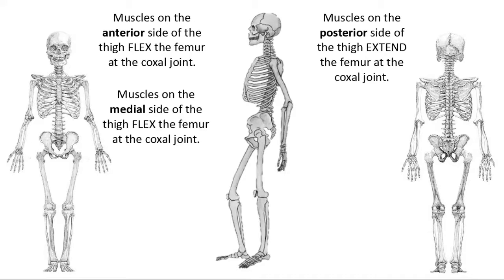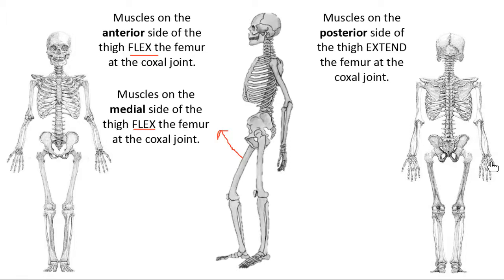When you're thinking about the femur and we're talking about flexing and extending it, I'm going to add some arrows here to our skeleton. Flexion of the femur is when we pull the femur forward.